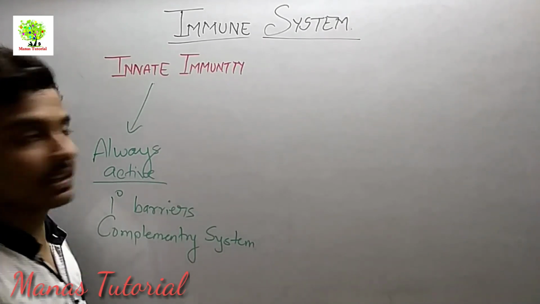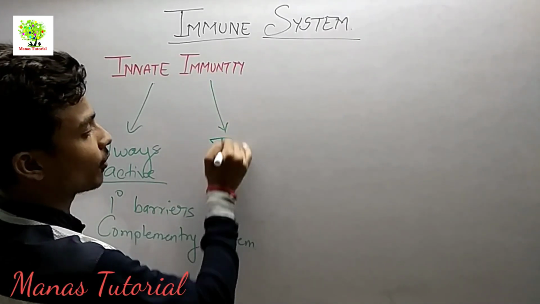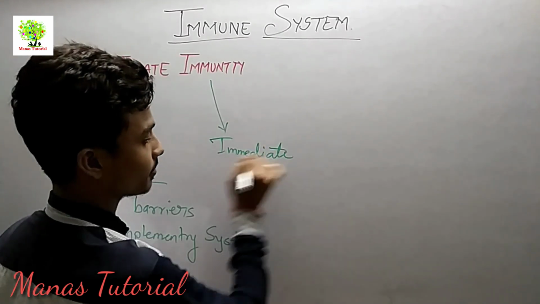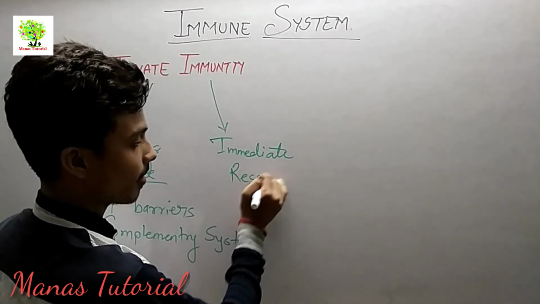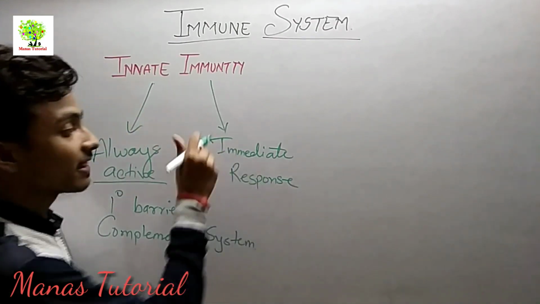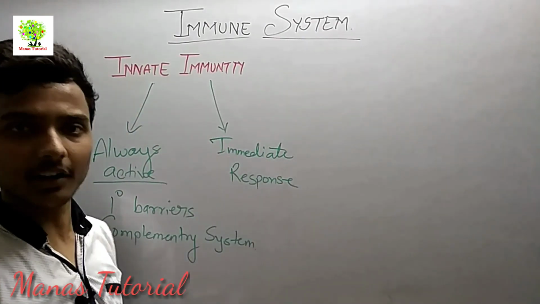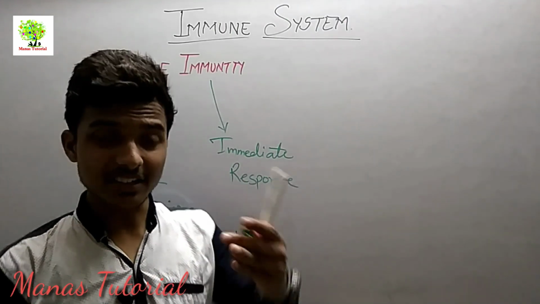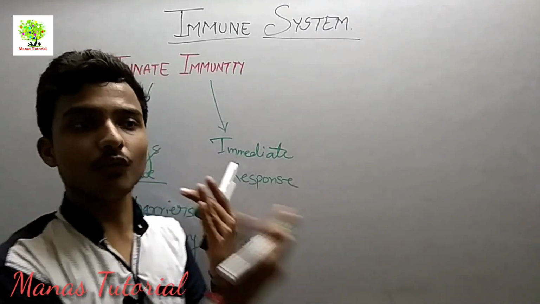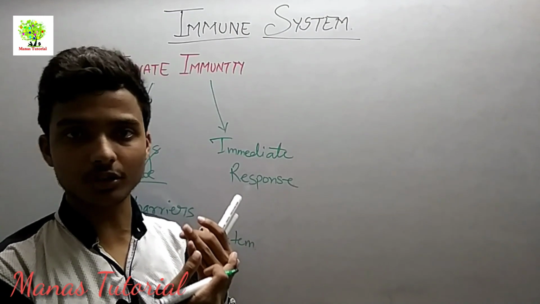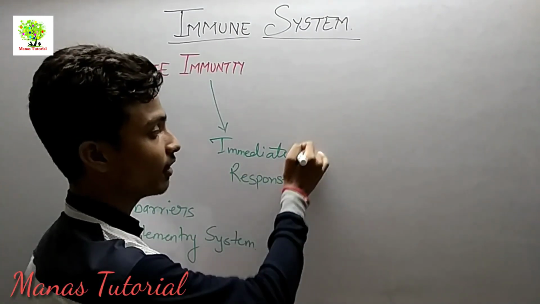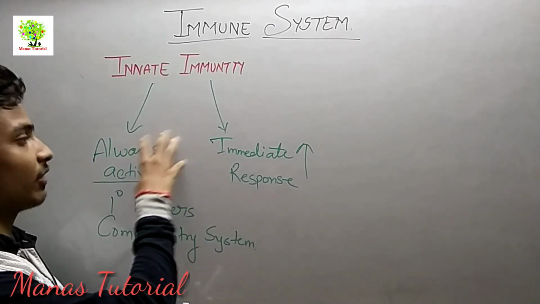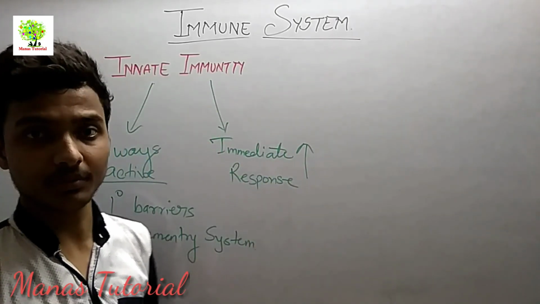The other type is the immediate response, meaning the cells of this type are in circulation, but at a very low count. As the body encounters foreign particles or pathogens, their number increases very rapidly. So there are two kinds: always on and immediate response.